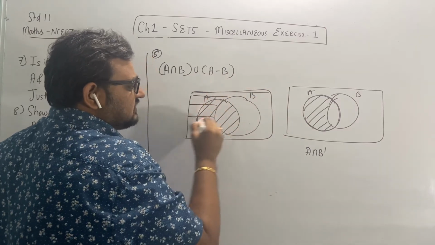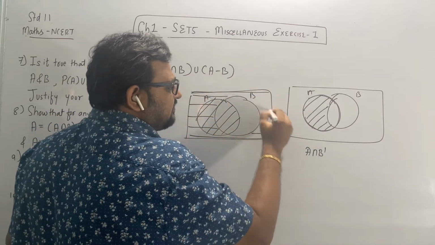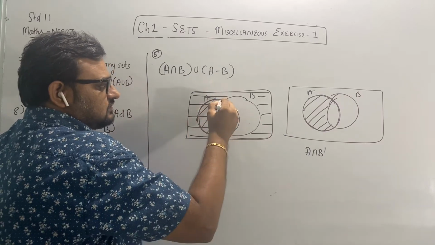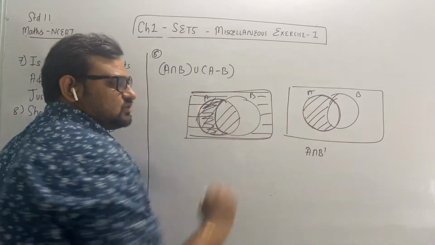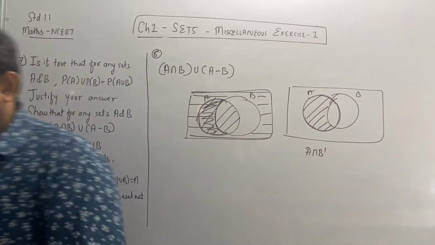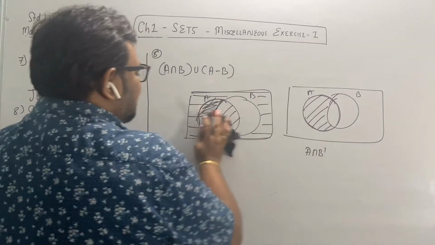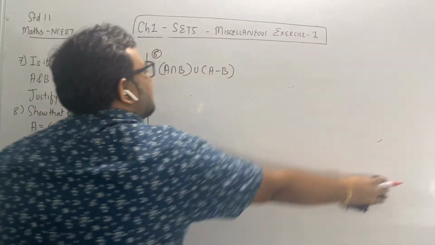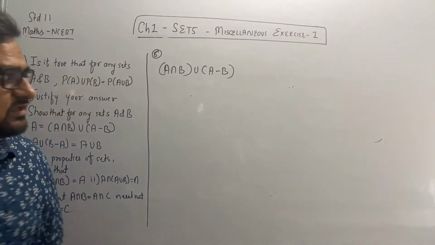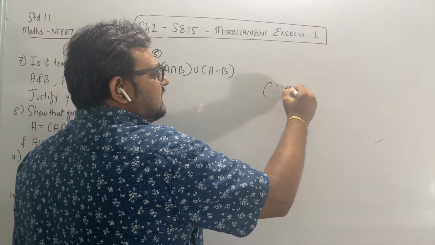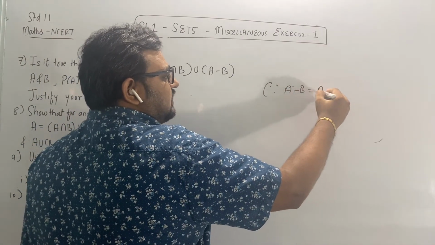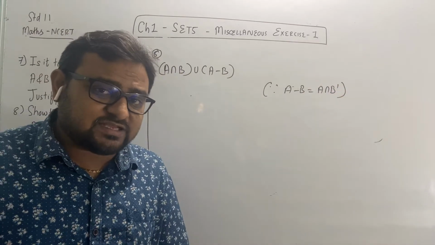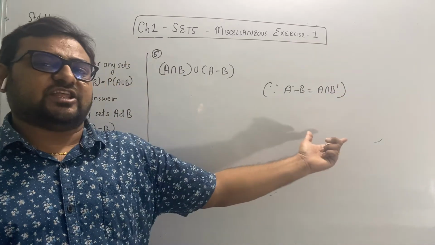Everything else except B. Now what is common in this? This part. So remember, from next time, whenever it is A minus B, you can write it as A intersection B complement. If it is B minus A, then B intersection A complement.